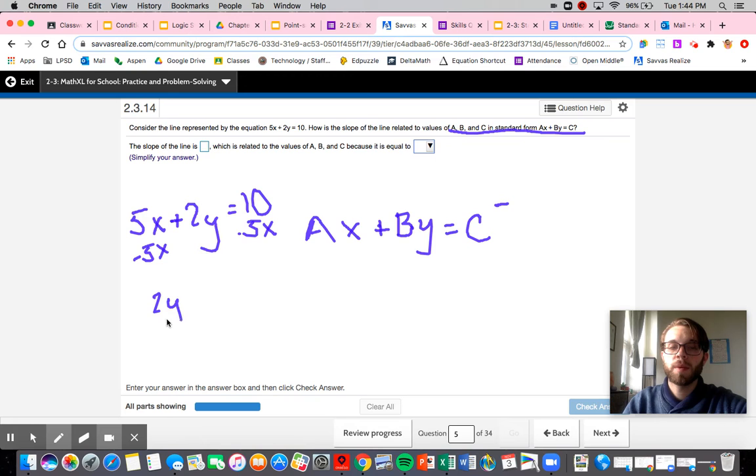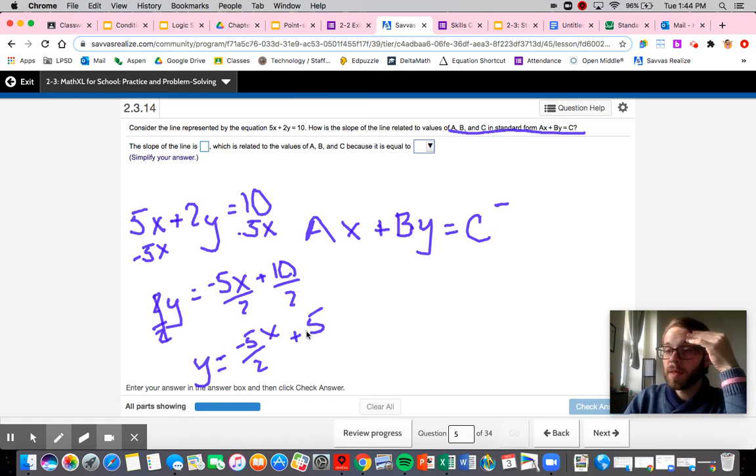So we get 2y equals negative 5x plus 10. Divide everything by 2. All right, so I ultimately get y is equal to negative 5x over 2 plus 5.